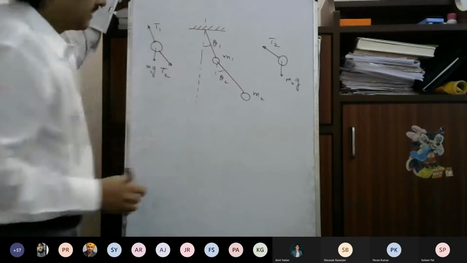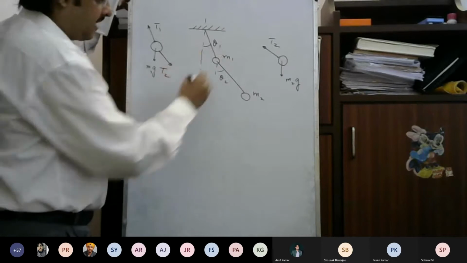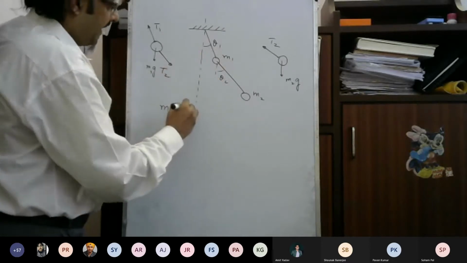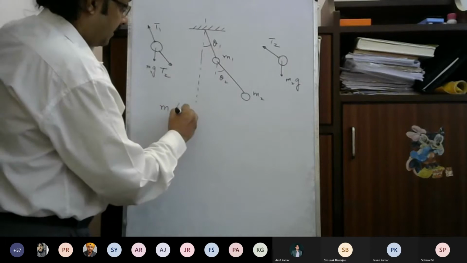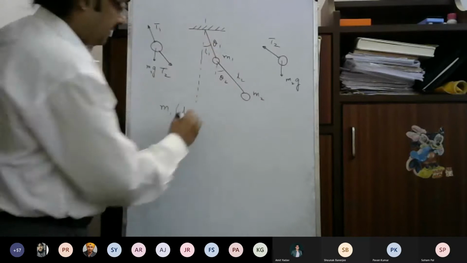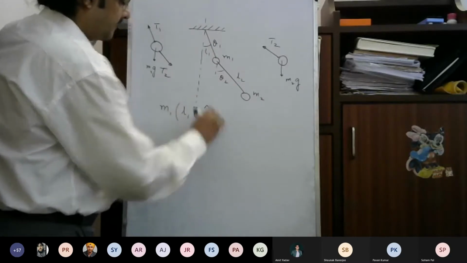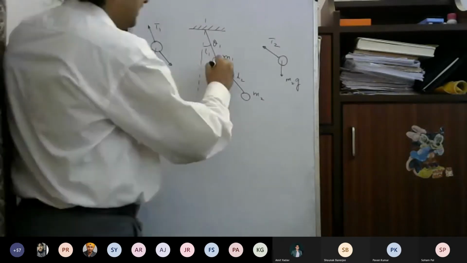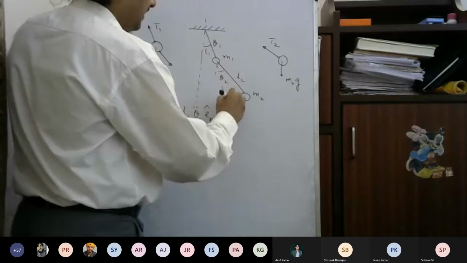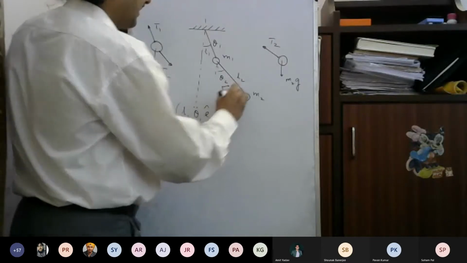If θ1 and θ2 are the two variables, then the equation of motion for the first mass will be m1 times L1, suppose this is L1 and that is L2, L1 θ1 double dot e θ1. I consider these two unit vectors: e R1 in this direction and e θ1 in the other direction.